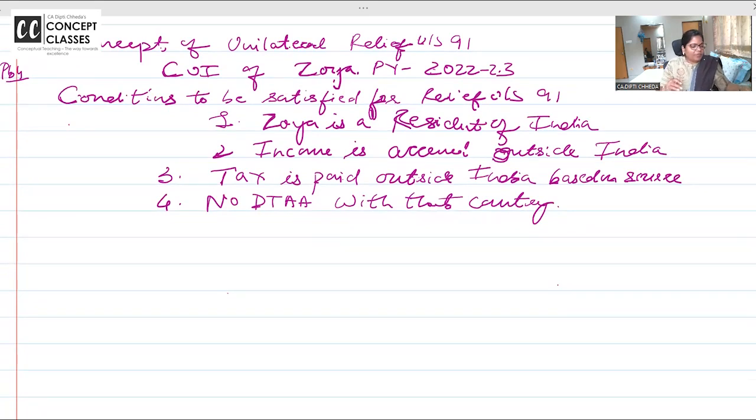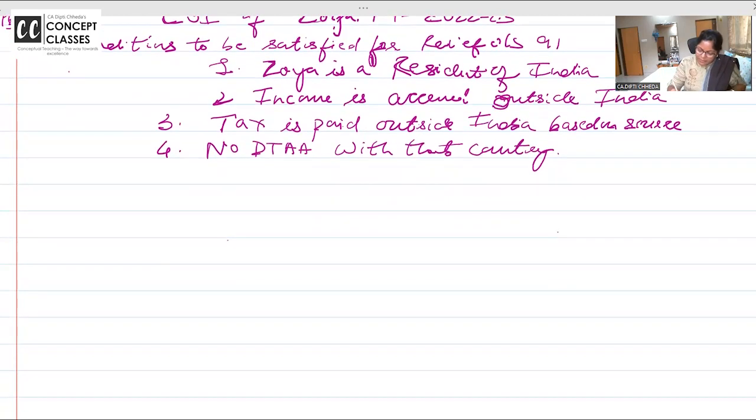So how will we calculate that relief? Let us see. Now how will you calculate that relief? We will see. Okay. Particulars and amount. How much tax has he paid over there?